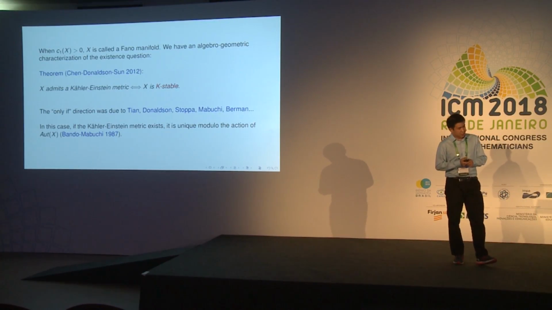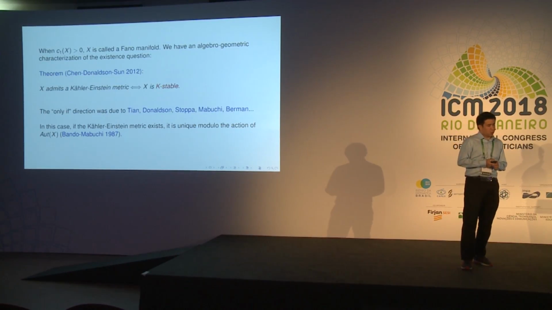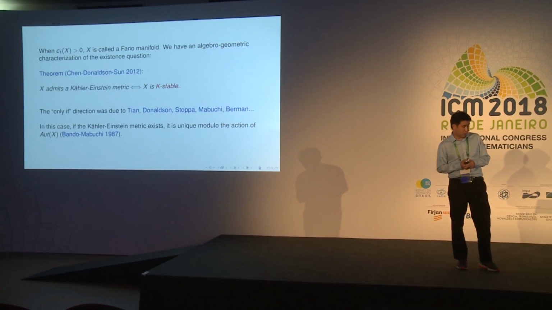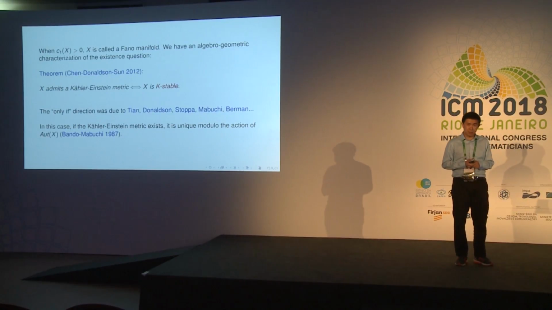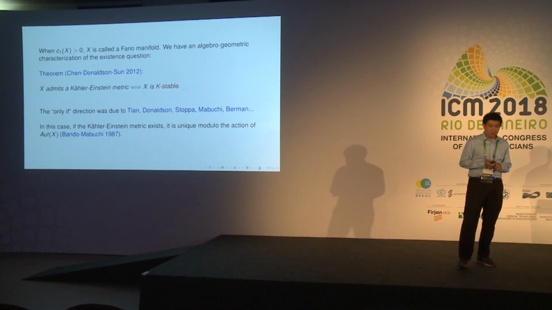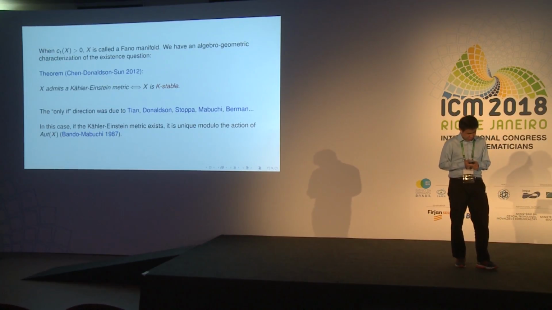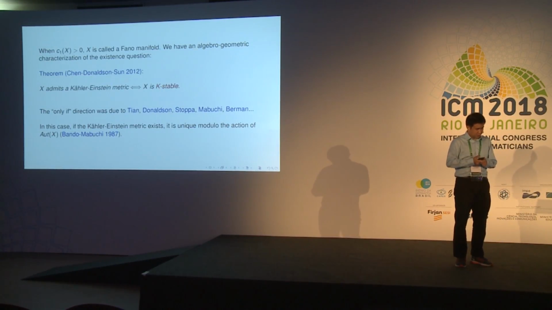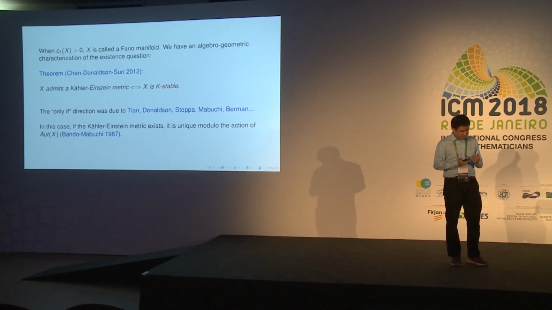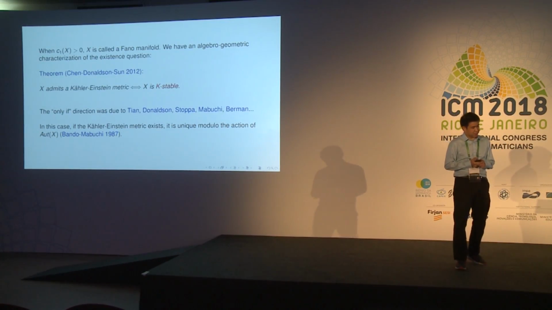Also, in this case, the uniqueness question is special. The holomorphic automorphism group of the manifold always acts on a Kähler metric by pullback, and it preserves the Kähler-Einstein equation. So if this Aut(X) is non-compact, you cannot hope the Kähler-Einstein metric is genuinely unique, and for many Fano manifolds, Aut(X) can be non-compact. Nevertheless, we now know that uniqueness holds modulo the action of Aut(X).